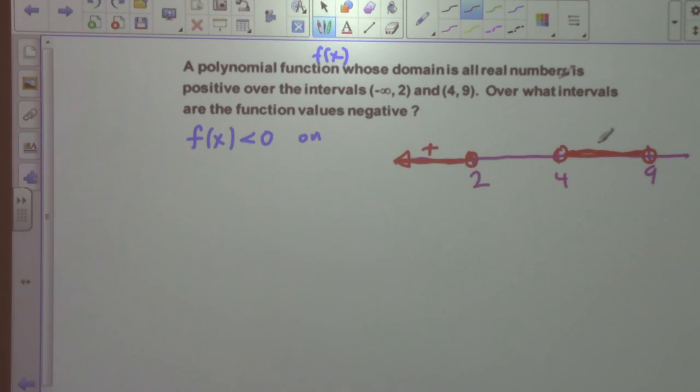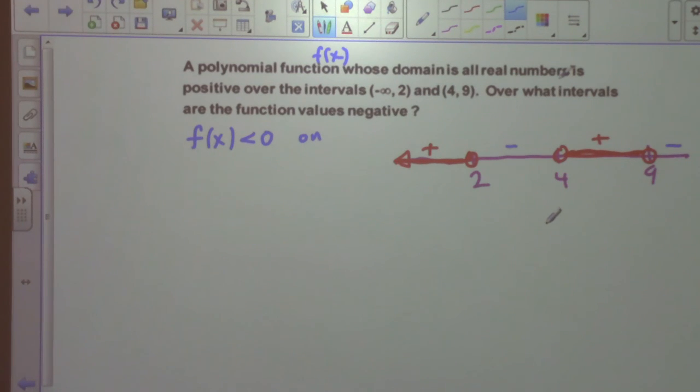Things are positive here, things are positive. Where is the function negative? 2 to 4, right? It's like process of elimination. Where else? Anywhere else things are negative? Not past 9. Why are they negative right there if they're positive numbers?